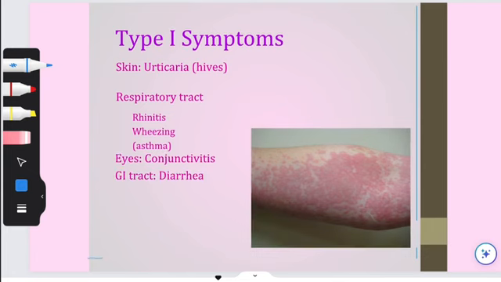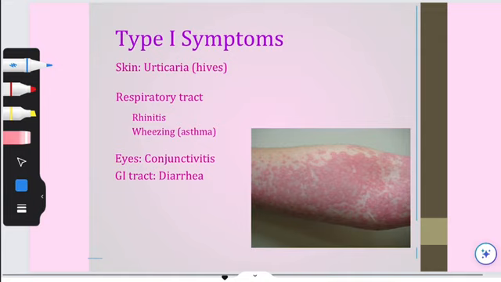So, what are the symptoms of a type 1 hypersensitivity reaction? Well, it depends on the organ system you're talking about. In the skin, type 1 reactions manifest as urticaria or hives, and in the respiratory tract people get a runny nose, which is rhinitis, and they can develop wheezing. Asthma is one type of hypersensitivity reaction.